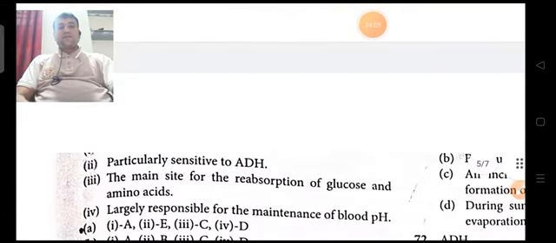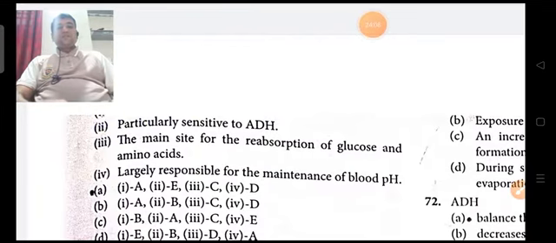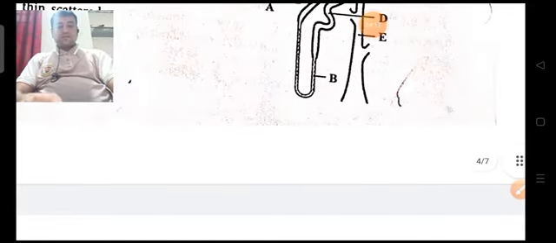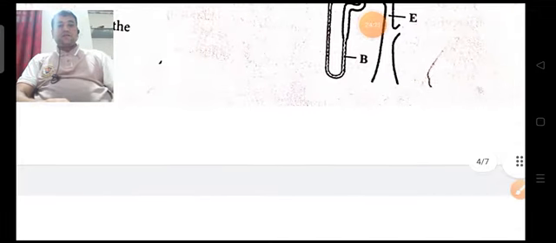And the second one, particularly sensitive to ADH, is from the diagrammatic representation E, that is collecting duct. And the third, the main site for reabsorption of glucose and amino acids, is the proximal convoluted tubule.